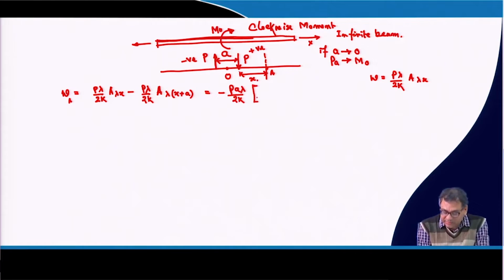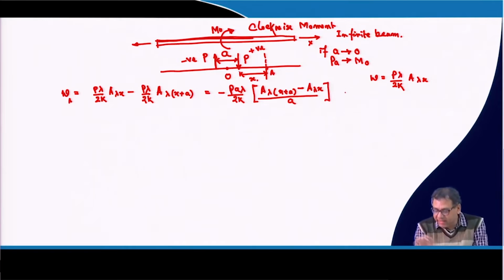Taking P lambda by 2k, this will be minus, A lambda of x plus a minus A lambda x, and since I have taken a, we have to divide by a. So this is the equation. Again, these equations are valid for x greater than or equal to 0, that means for the right side.